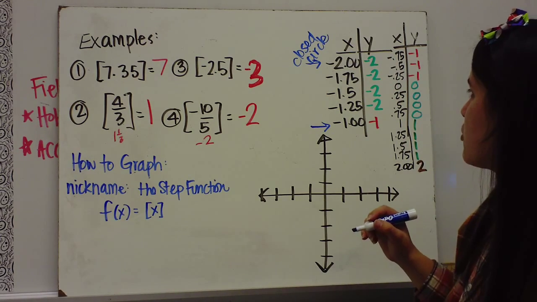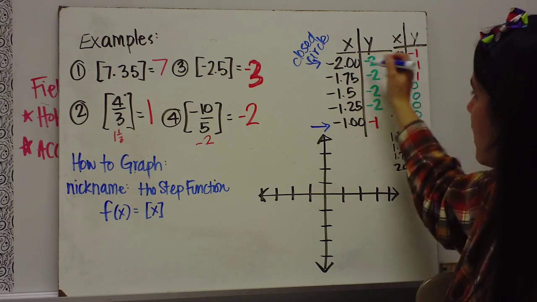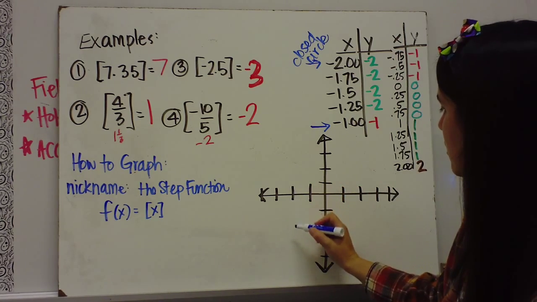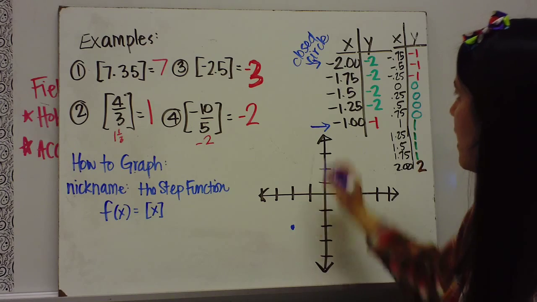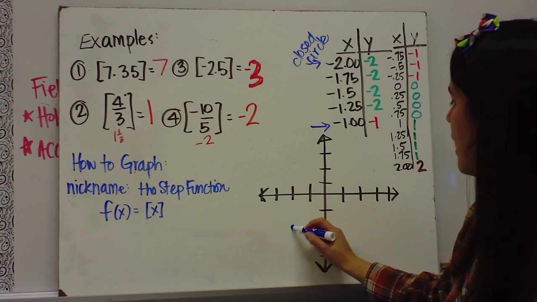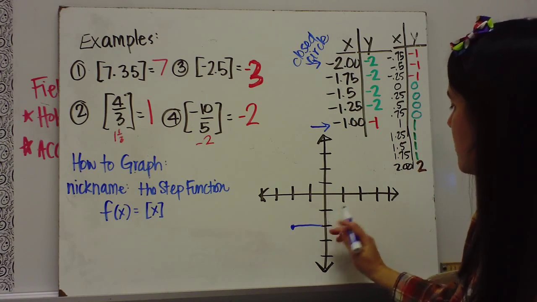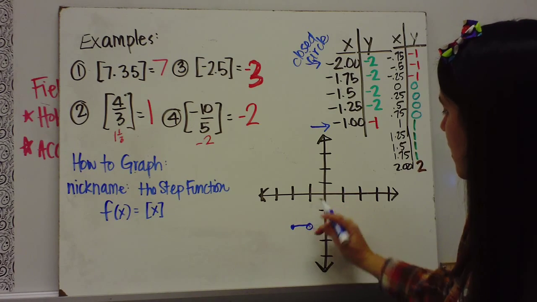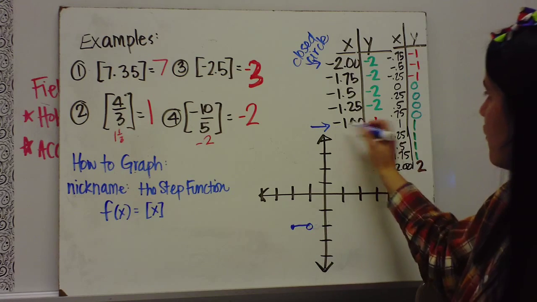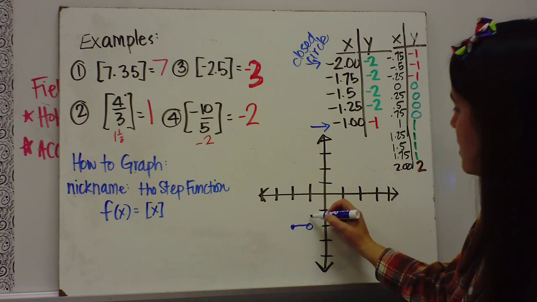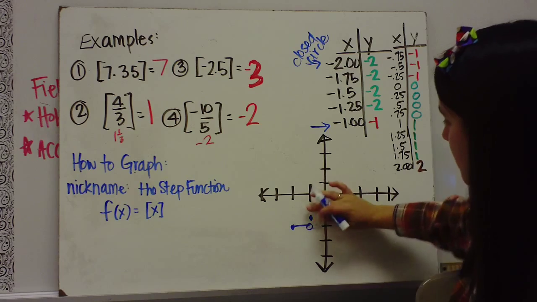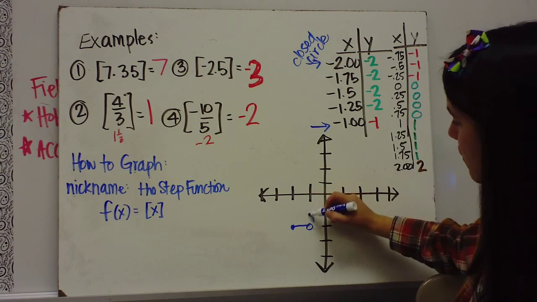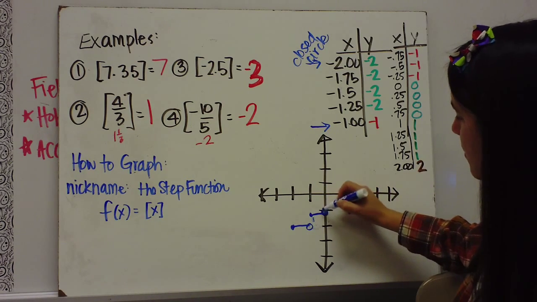And I'll show you what that means. So from negative 2 to negative 2, it's going to be a closed circle. And then we're going to have a horizontal line until we get to negative 1. That's going to be open. From negative 1 to 0, we go up a step, and then it's going to be an open circle.